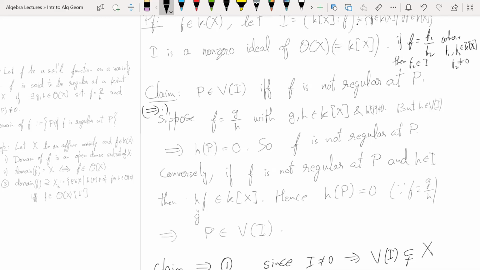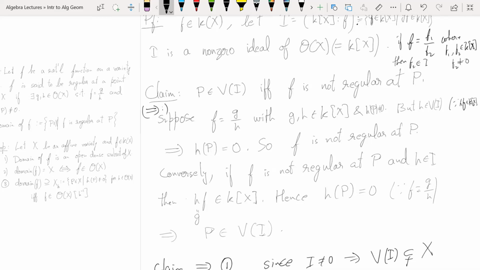But h belongs to I, because f is g over h, then h times f is a regular function. So h belongs to I, since hf belongs to k[X].